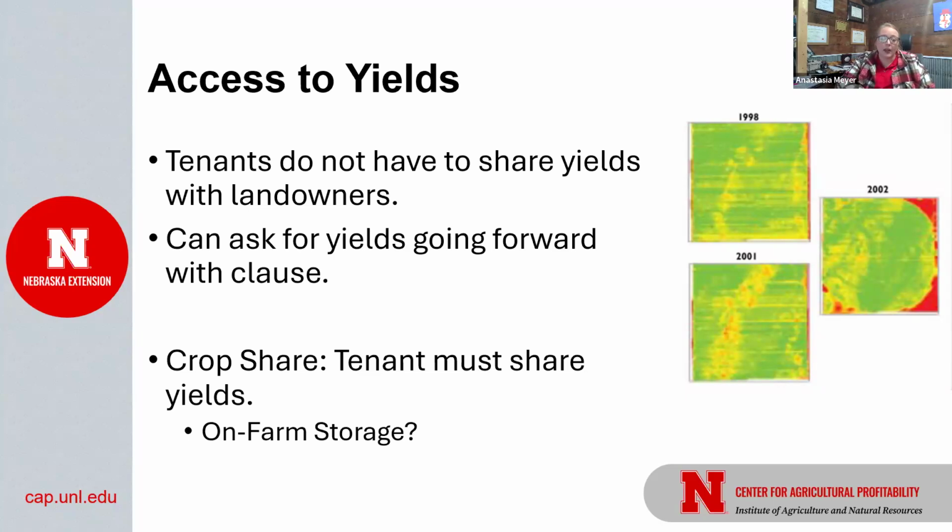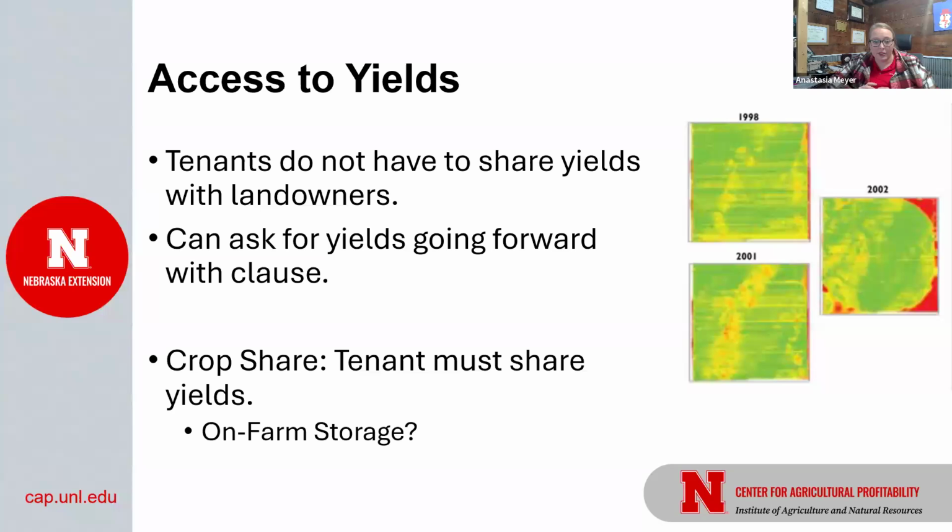If you're in a crop share, your tenant has to share the yields with you, more than just certifying it at the crop insurance, whatever that case might be. They have to share your yields if you're in a crop share because the tenant and the landowner are both operators. So if you have on-farm storage with a crop share, remember you're part operator too if you're a landowner.